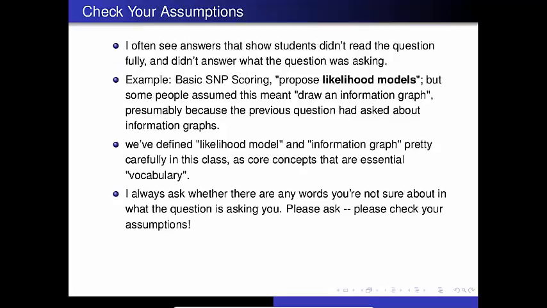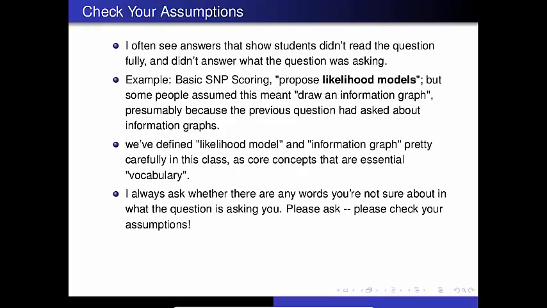I want to make one more comment that's general advice about not just this class, but actual real-world modeling. This is not a problem just for students or even for professors or just about anybody who's trying to solve real-world problems. We make assumptions. We have to make assumptions, but oftentimes our assumptions are invisible to us, and we don't even realize we're making them, and we can go astray if we don't check our assumptions.